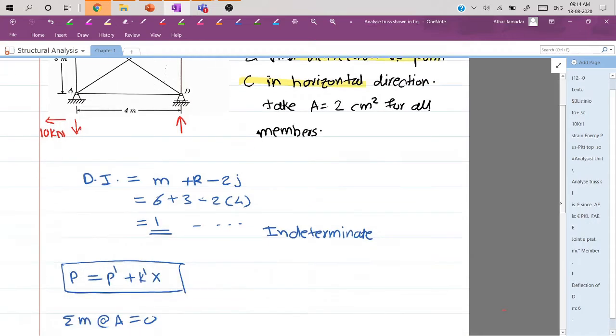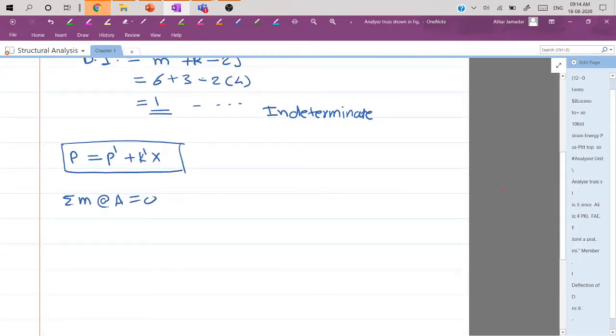In short, RD into 4 is equal to 10 into 3, which gives RD equal to 7.5 kilonewton. Then take summation of Fy equal to 0.